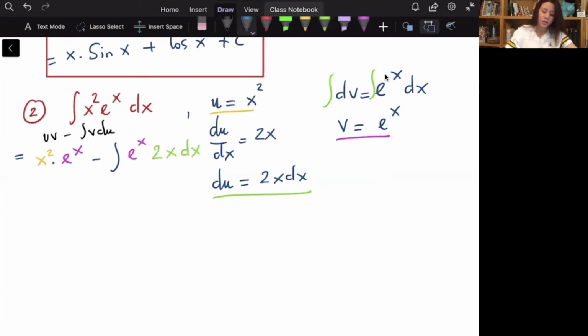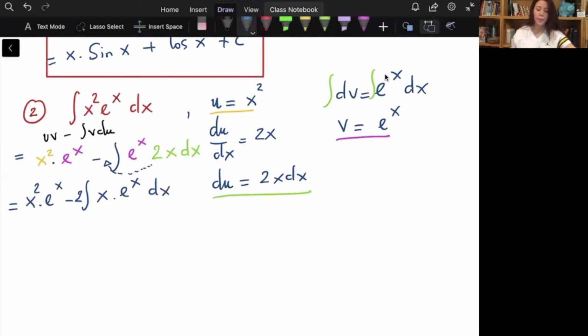Let me clean this up a little bit. It's equal to x squared times e to the x, I'm just rewriting the first term, minus the integral. I'm going to pull the 2 out front: 2 times x times e to the x dx.